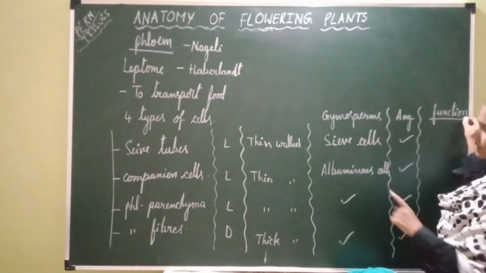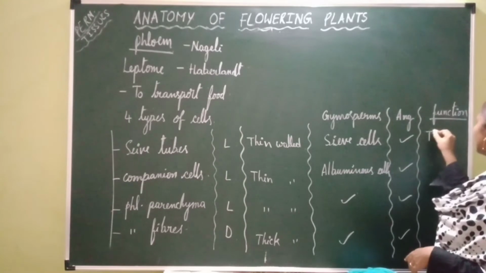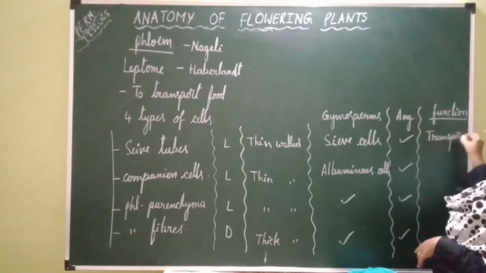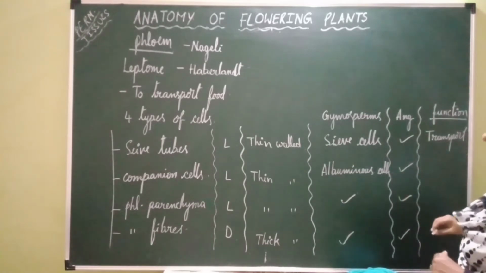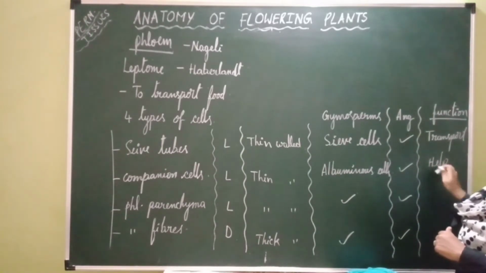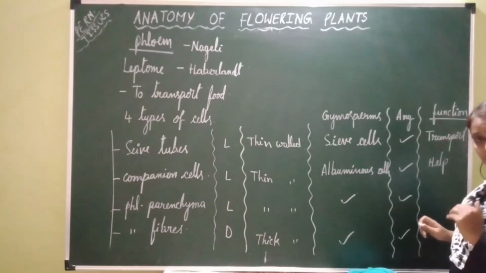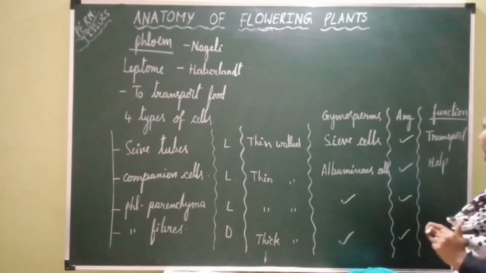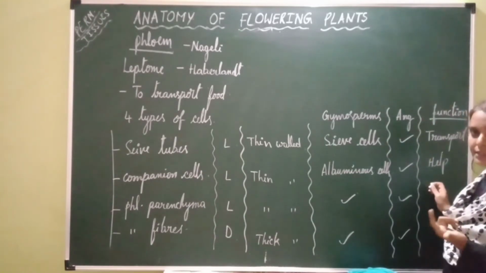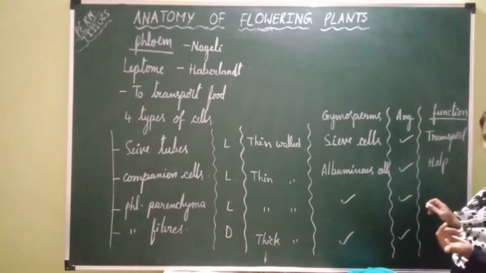Let's study the function of all these 4 different types of elements present in phloem. The function of sieve tubes is to transport or translocate food. The function of companion cells is to help these sieve tubes in transport of food materials through them. So they are called companion cells, accessory cells, helper cells, because they help the sieve tubes.